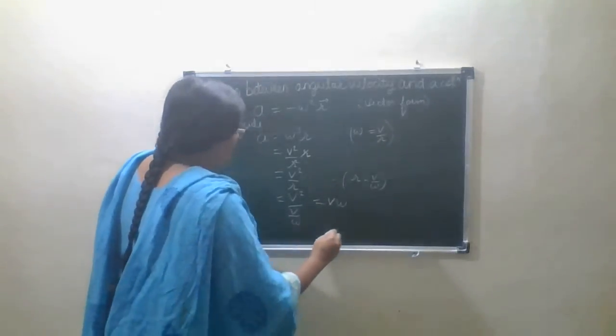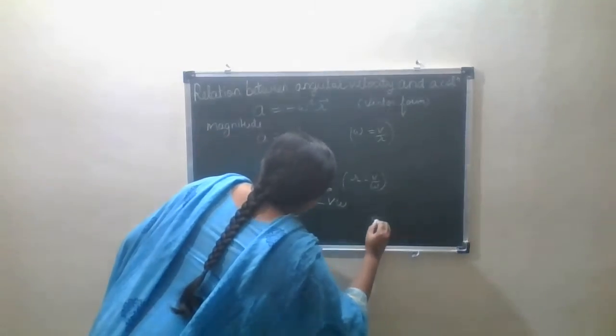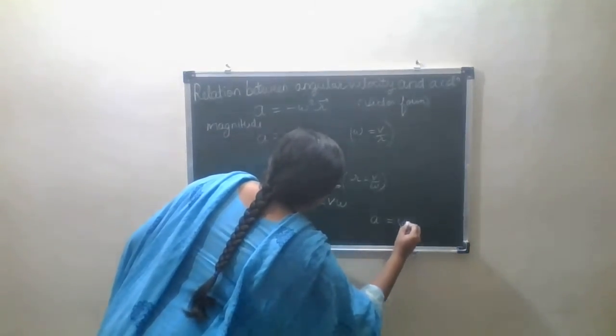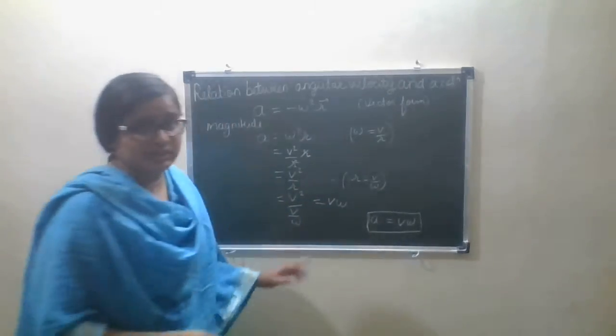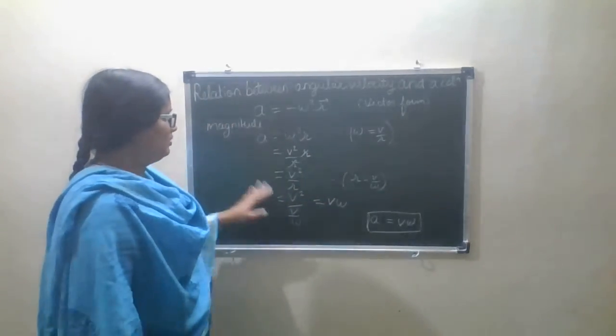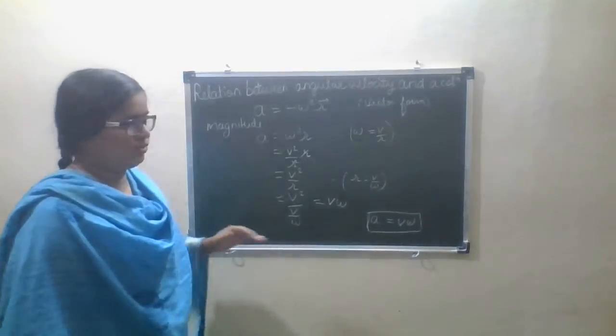So the acceleration is a is equal to v omega. In the exam, when a question is asked, you can solve it by these formulas.